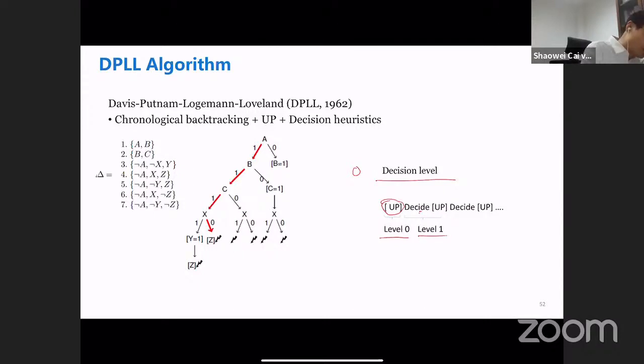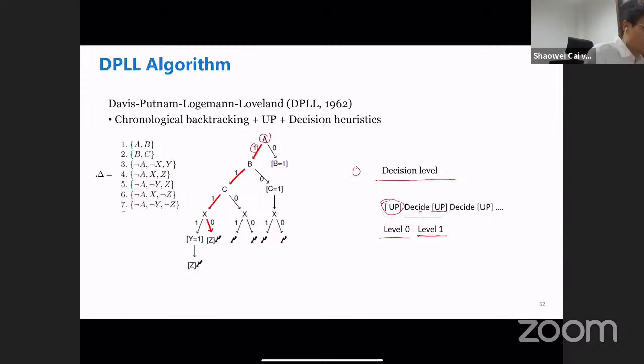So for example, in this example, we have 7 clauses. In the first step, we pick A and assign it to 1. So this begins a new level 1. And after deciding a variable, we check whether there are some unit clauses. If there do exist unit clauses, we do the UP.